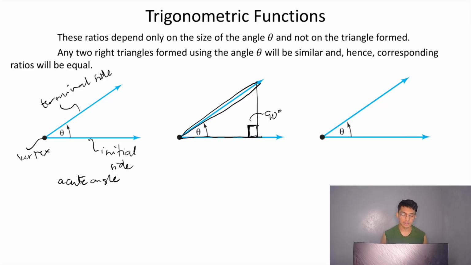Yung ratios natin, yung 6 na ratio kanina ay hindi nakadepende dun sa laki or dun sa haba ng dimensions ng triangle natin, but nakadepende siya dun sa size ng angle natin. For example, this is another right triangle. And this is our theta. Now, this is the C, or the hypotenuse, A and B. If we draw another right triangle, pero same lang din ang angle, ito siya.